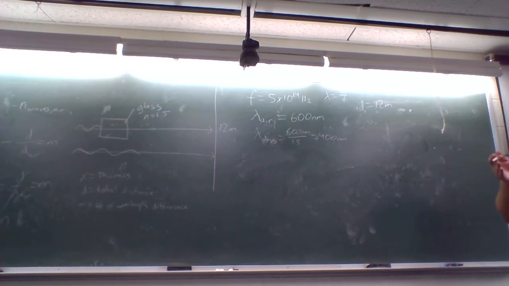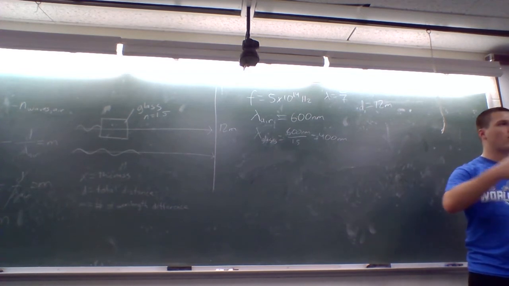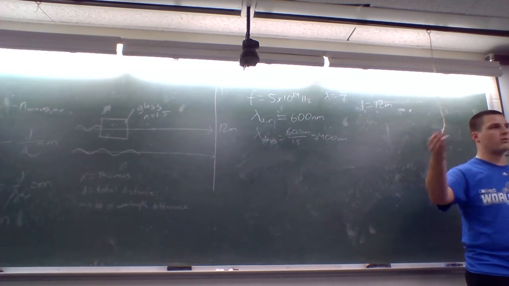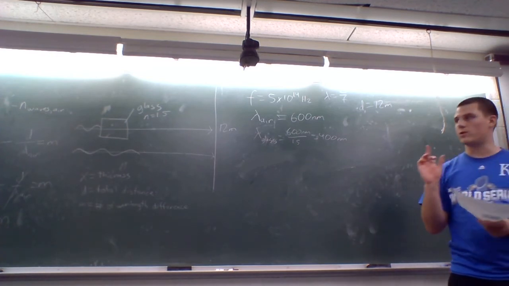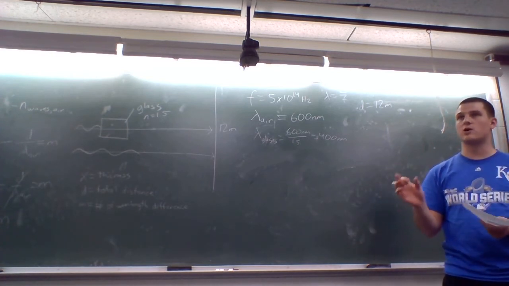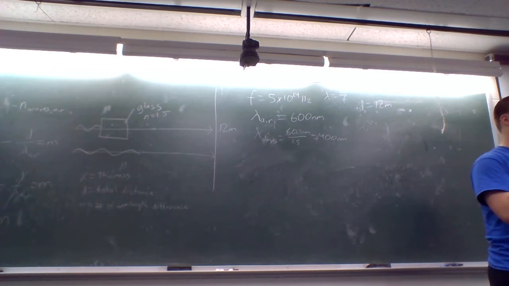So if you have to shift it by 1/2, you basically just take all of those numbers you usually have, 1, 2, 3, and then subtract 1/2. So now the smallest thickness that you could have for constructive interference would be 1/2 of a wavelength. Okay? It's kind of confusing to do that.